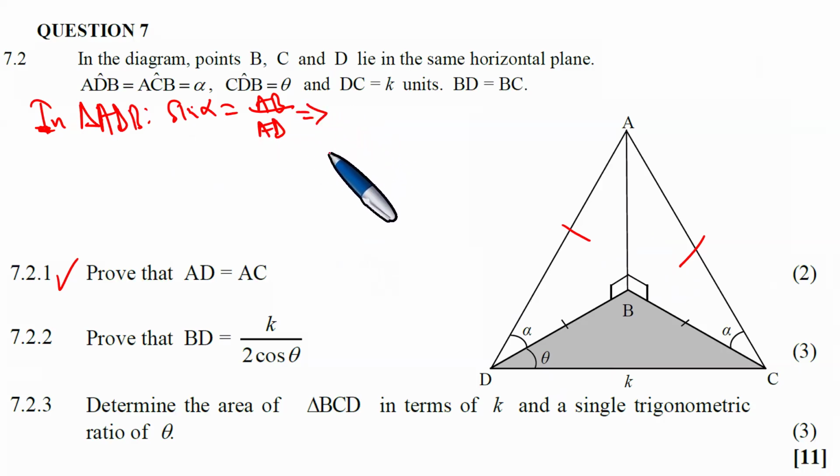We can then make AD the subject, which means AD is AB over sine alpha.